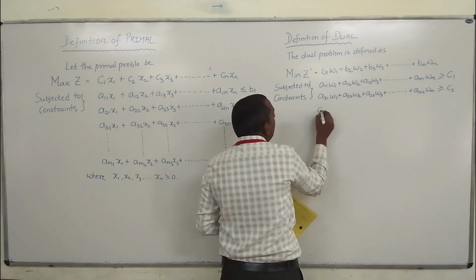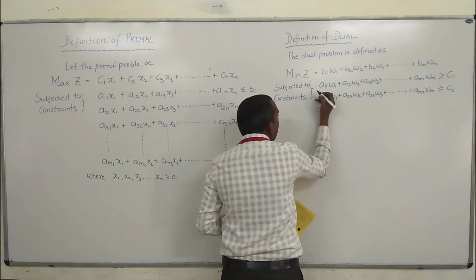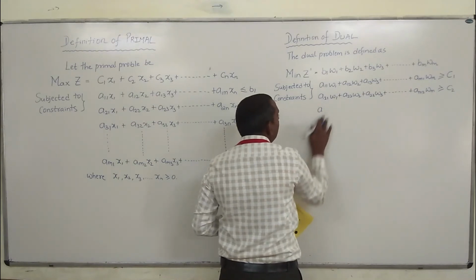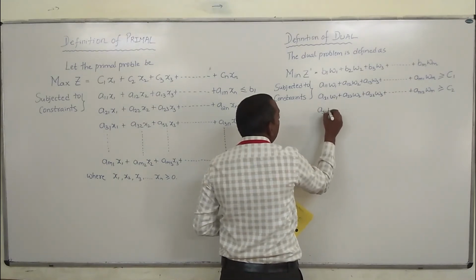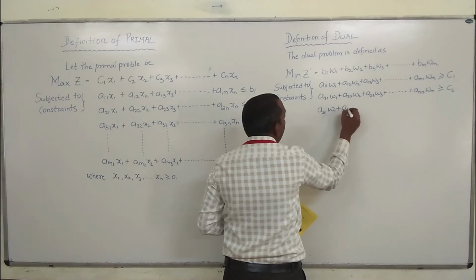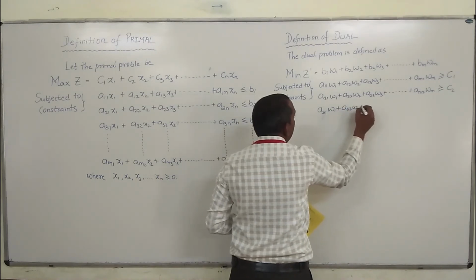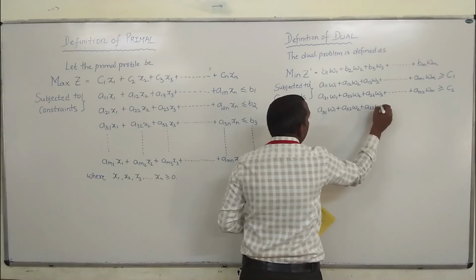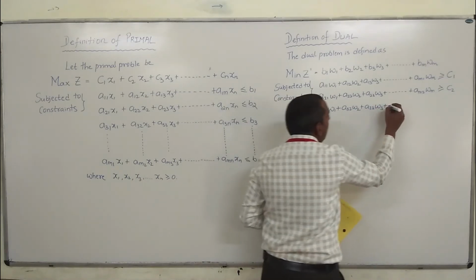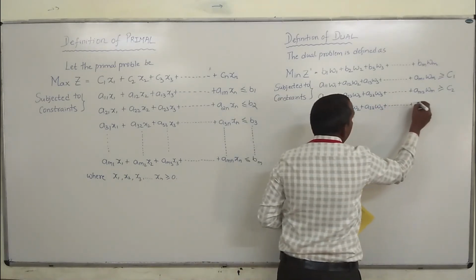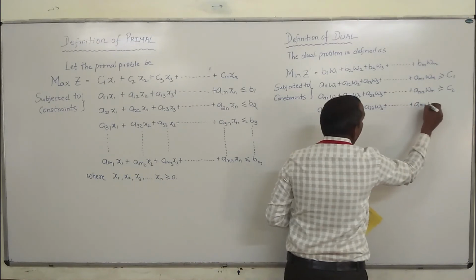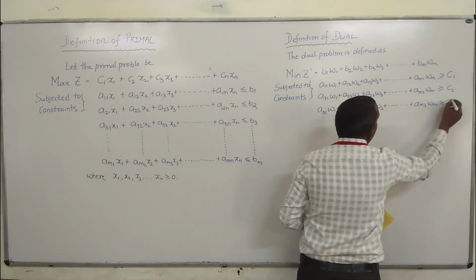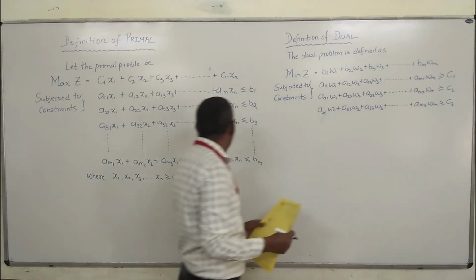Then a31 w1, a32 w2, a33 w3 followed by am3 wm greater than or equal to c3.